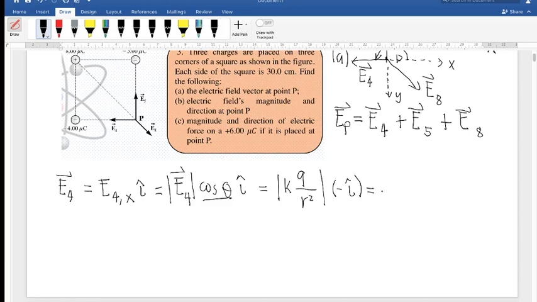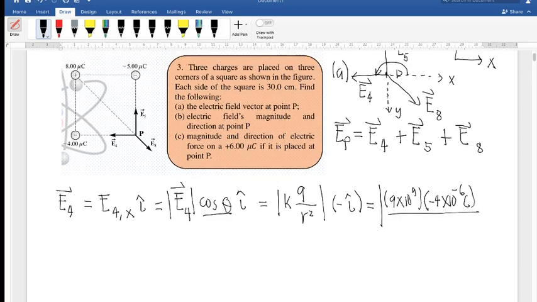So substitute this one. What is your k? We have 9 times 10 raised to 9. What is your Q? That is negative 4 microcoulomb. Micro, we have to convert that one into coulomb. So negative 4 times 10 to the negative 6 coulomb, then divided by the distance. What is the distance between P and negative 4?